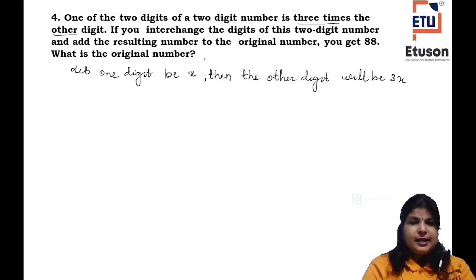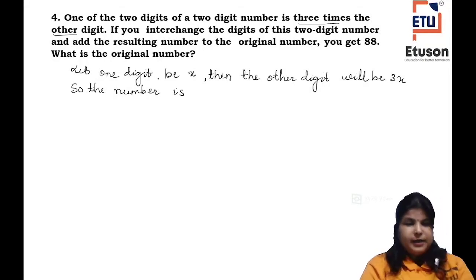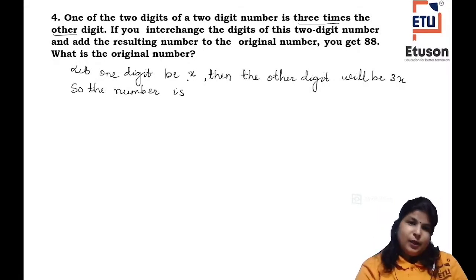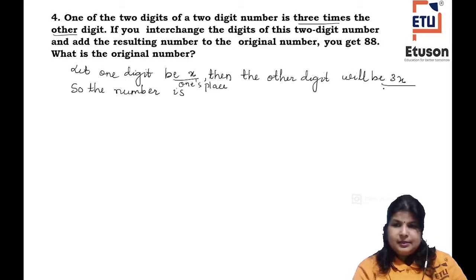If you interchange the digits of this two-digit number, first let us find the original number. So because we have considered one digit to be x, let x be in the ones place and 3x in the tens place.